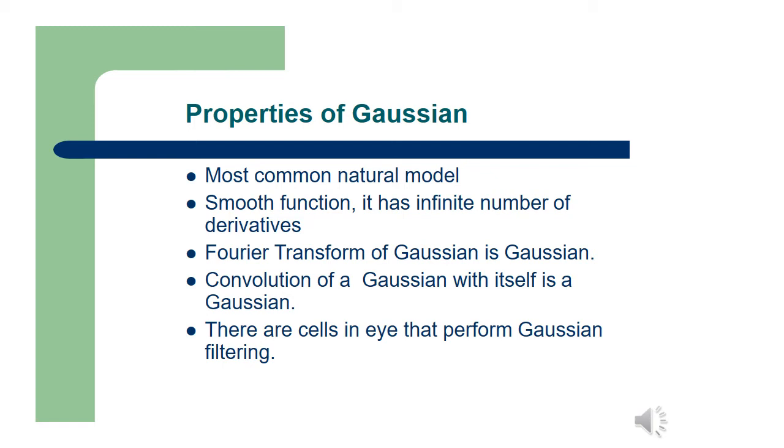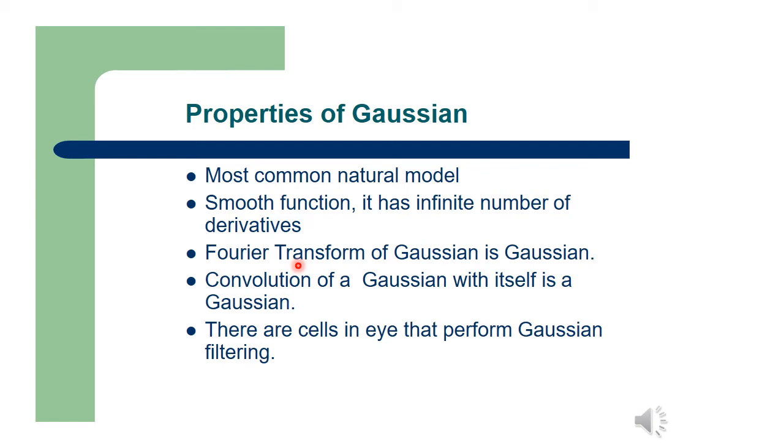Gaussian is a very important and interesting thing, and it has very interesting properties. It is a very natural model. It is a smooth function, which means it has the same values on the left side and the right side, and it has infinite derivatives, so you can take as many derivatives as you require.